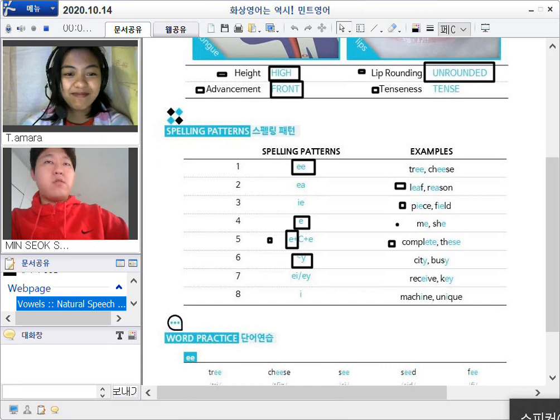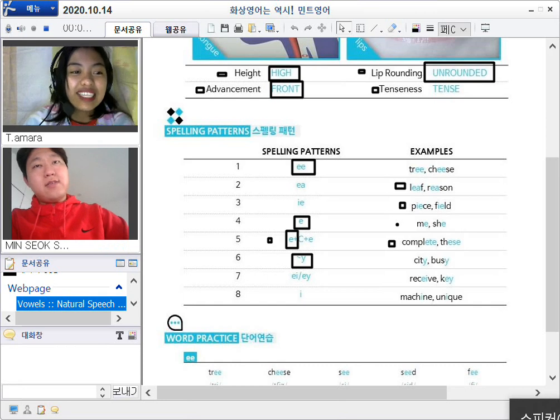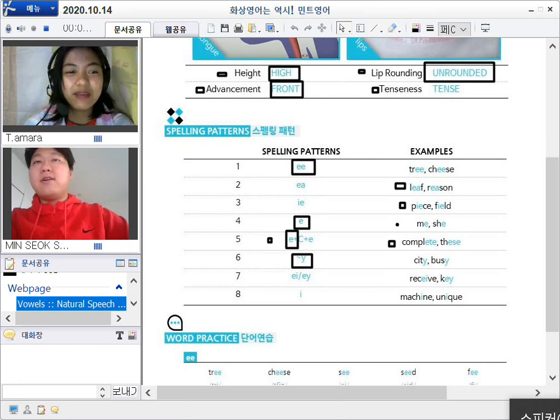Could you please read the samples? City, busy. Okay, let's do it like this: city, busy.